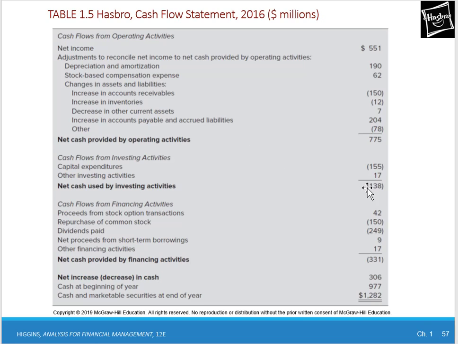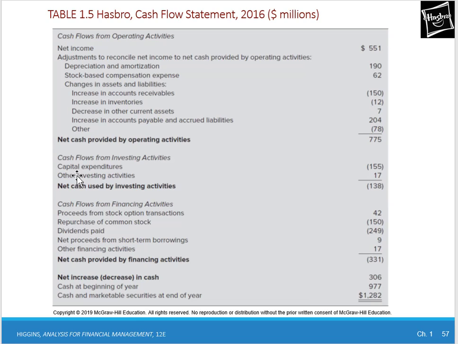So here's an example of Hasbro's cash flow statement. We see here 775, I guess this is probably in millions, million was in net cash from operations. That's a positive number. That's good. From investing activities, they spent $138 million.